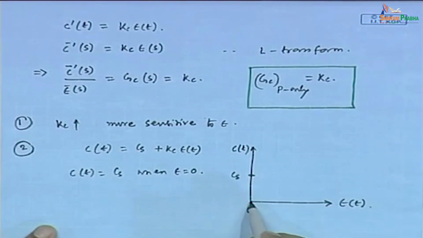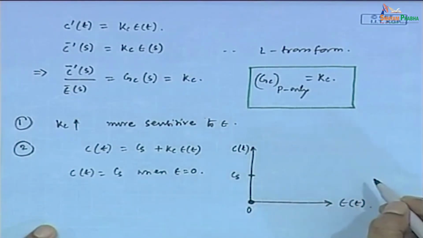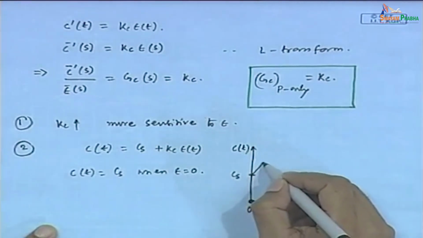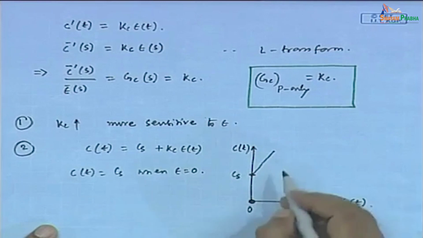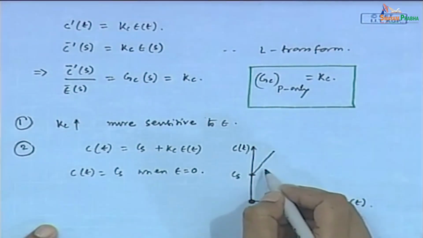So we are considering this point where epsilon is equal to 0. The corresponding C value is Cs, and when we increase epsilon, it increases like this with a slope of Kc. So slope is Kc.